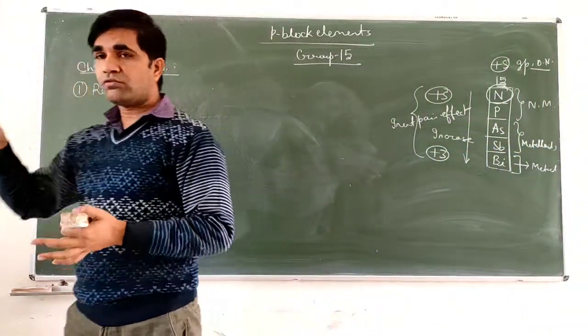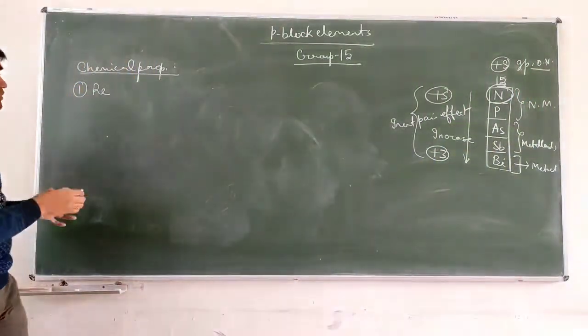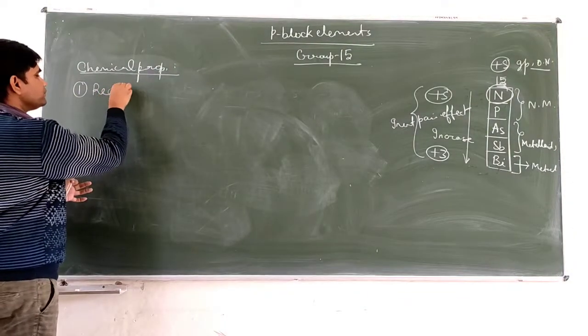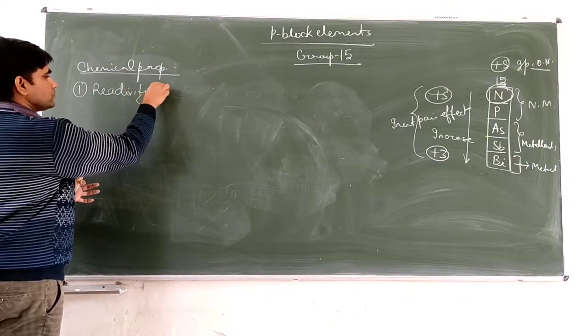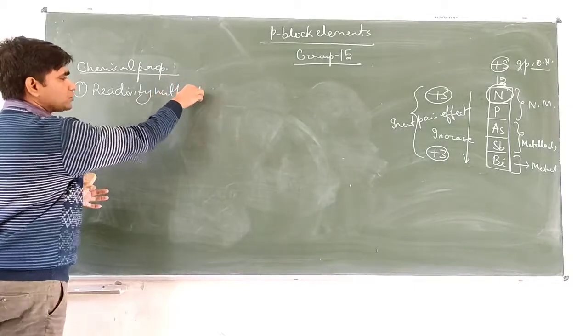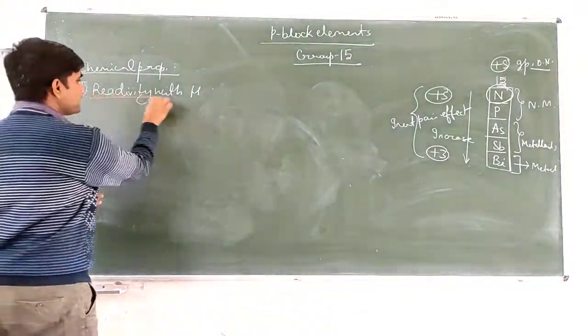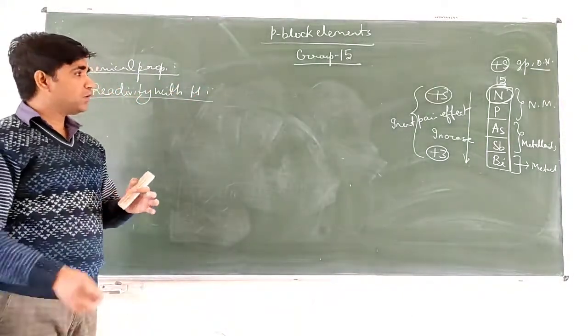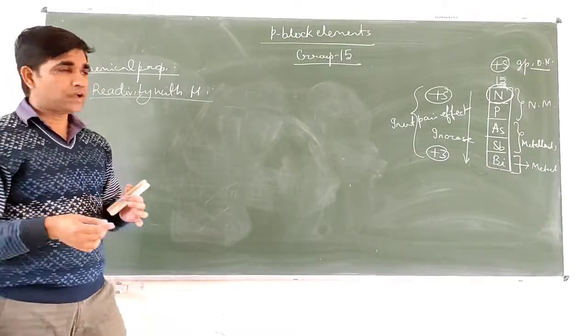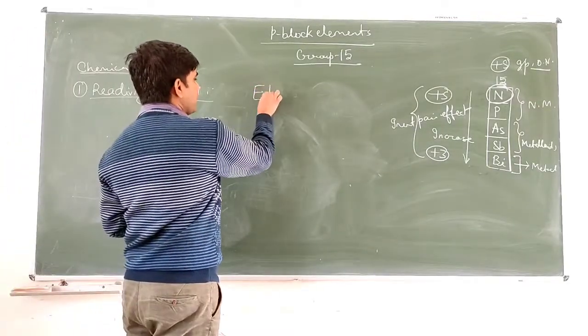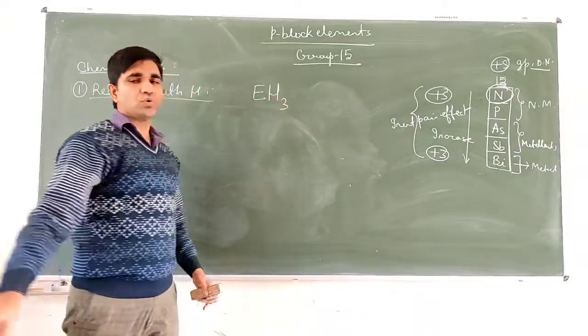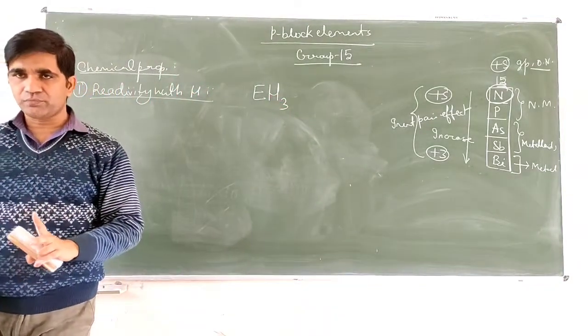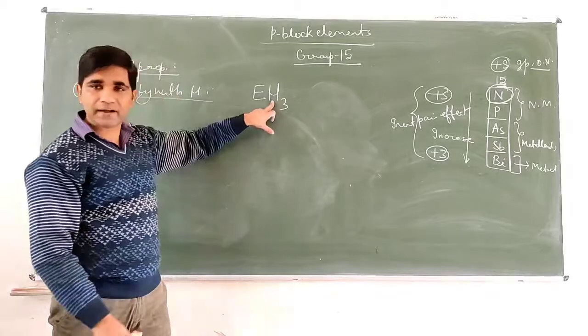Out of four kinds of reactivity, first is reactivity with hydrogen. If these elements combine with hydrogen, they will form the hydrides, which are binary compounds. Binary compound means in which only two types of elements are present. Out of those two elements, one is hydrogen.